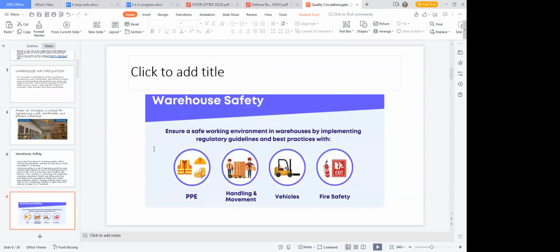This diagram shows the symbols that represent the legislation in the warehouse. See the signage of fire safety, the signage of vehicles, where they park the vehicle, the forklift at one angle, there is a label.